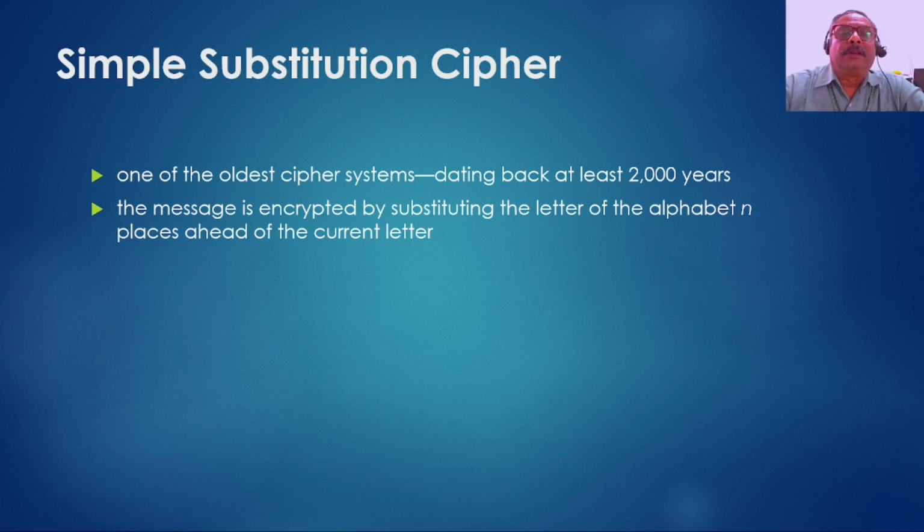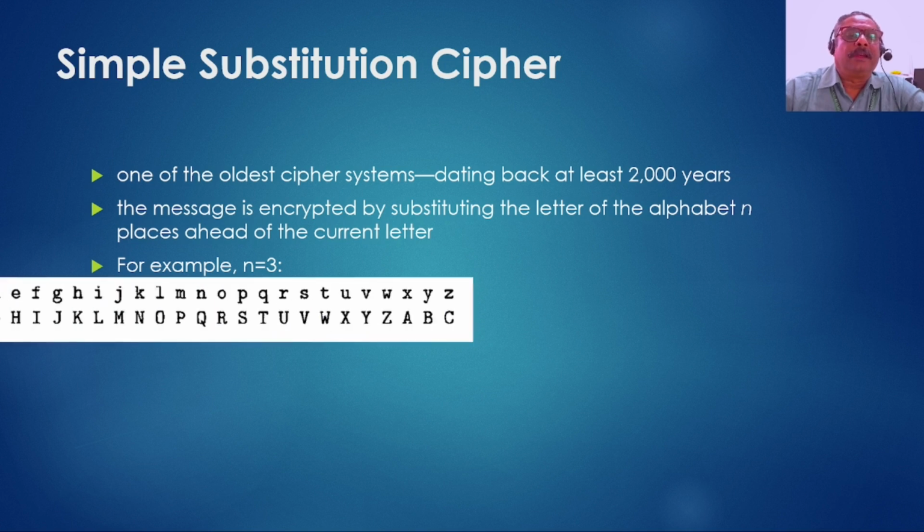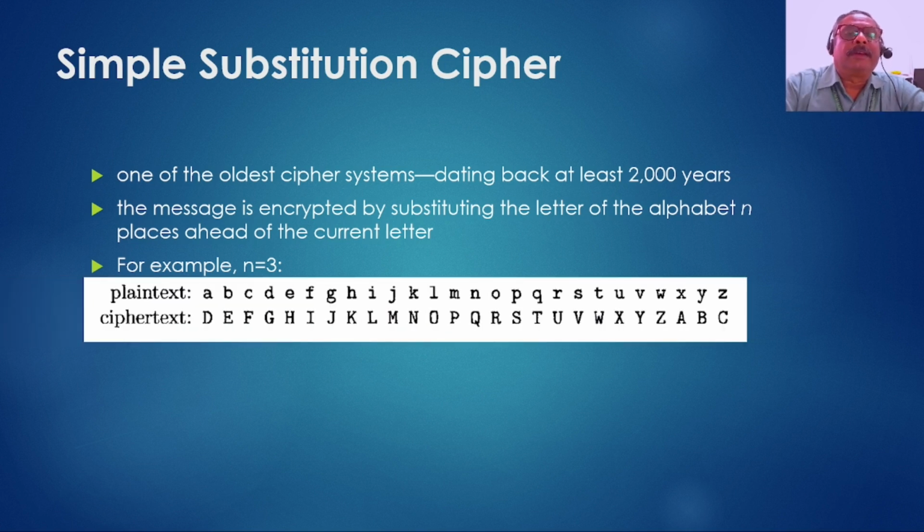The message here is encrypted by substituting the letter of the alphabet n places ahead of the current letter. For example, if n is 3, then the plain text A, B, C, D through Z was replaced by 3 places ahead, like A becomes D, B becomes E, C becomes F in the ciphertext.